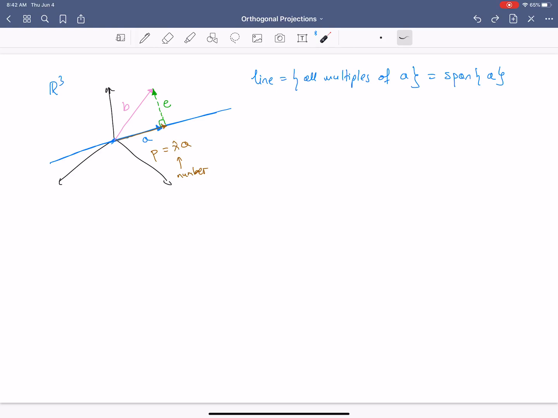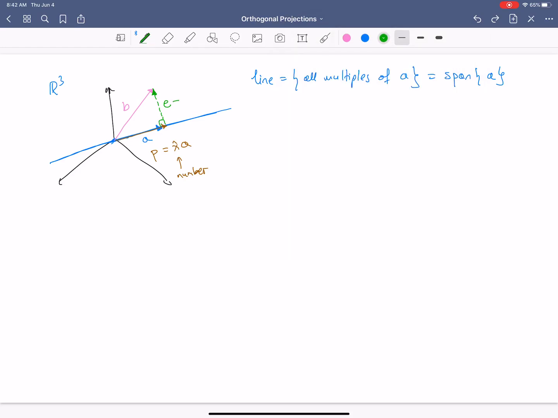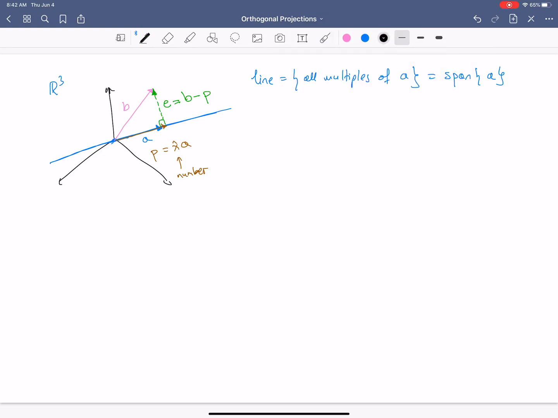So what we know about E is that E is equal to B minus P, right? So we have that error. And because E is orthogonal to A, we have a couple of equations here. I'm moving back to the black pen.